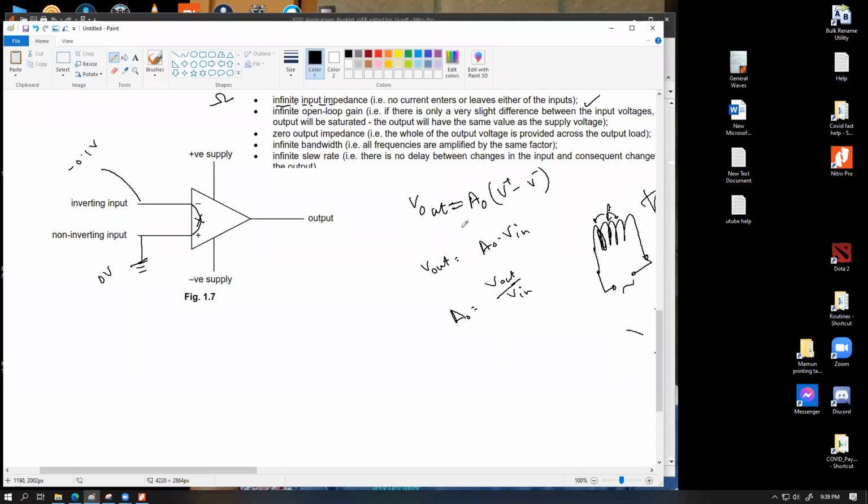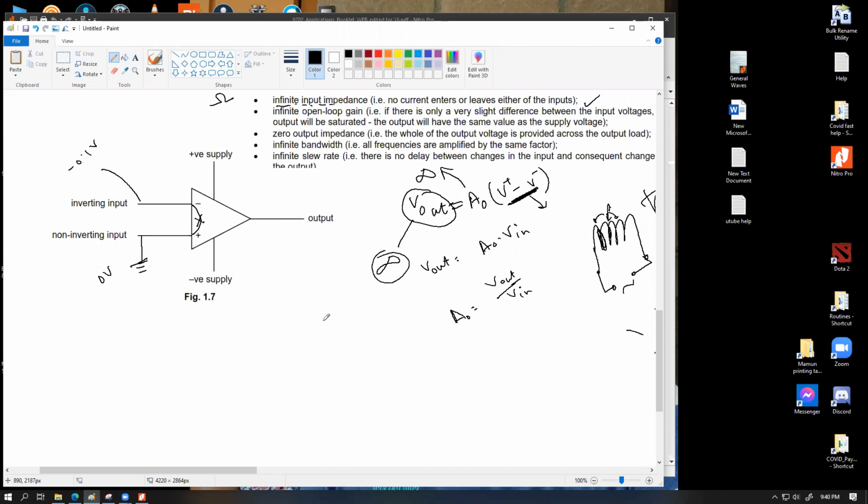So this is the gain for the op-amp equation. Infinite open loop gain means for an ideal op-amp, this value is infinitely big. Even if we provide a very small voltage right over here, this output should also be infinitely big.